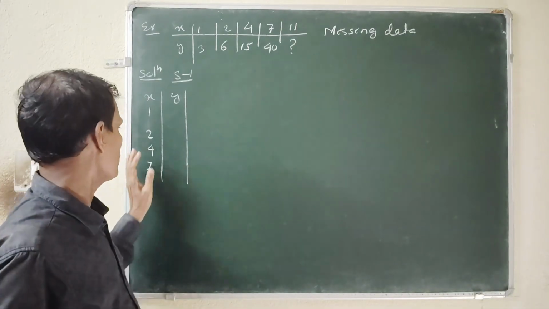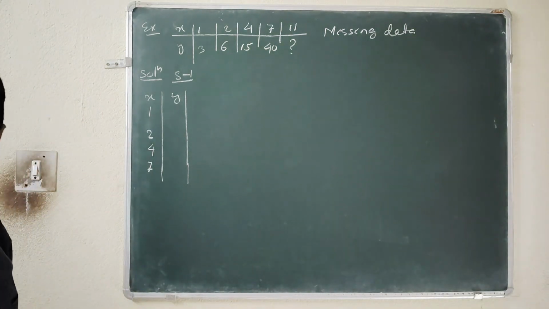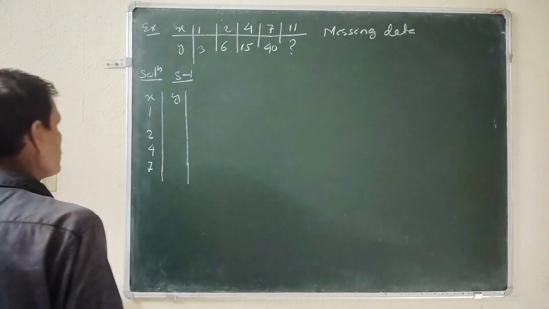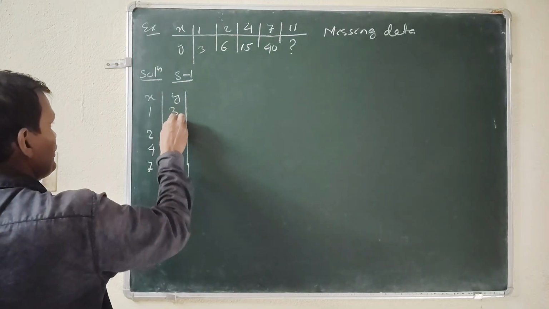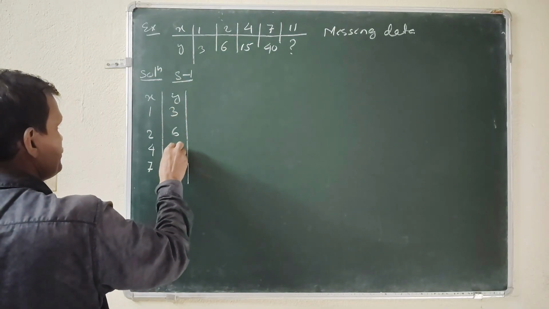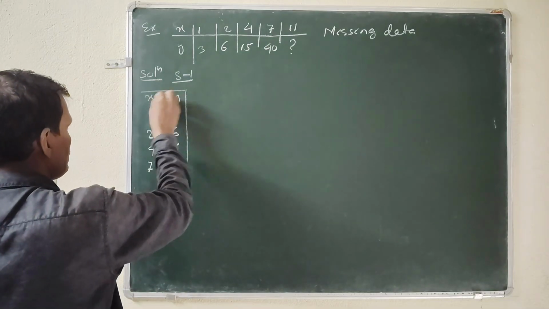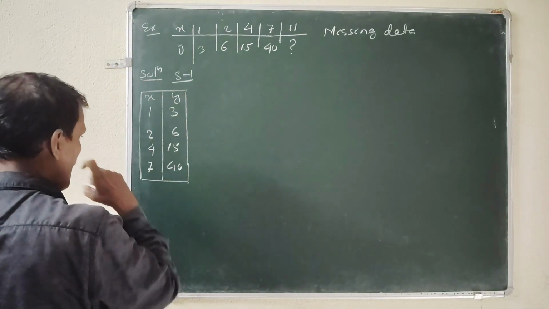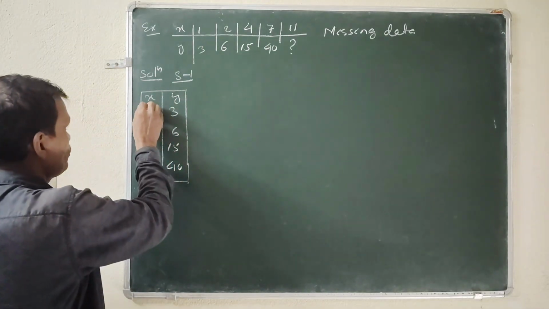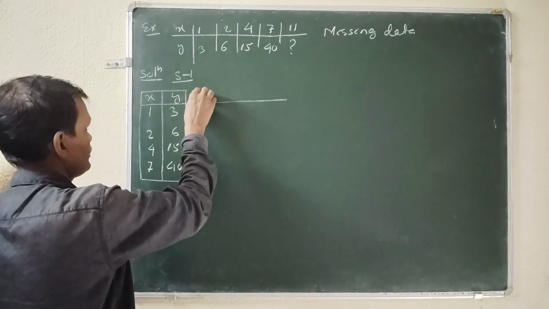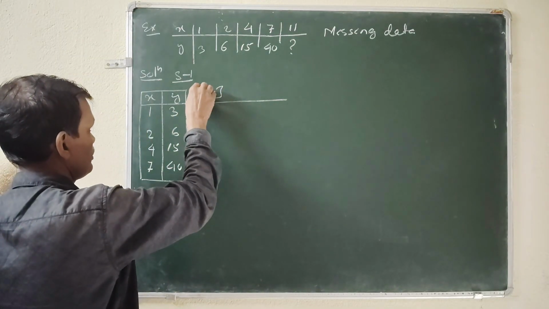Solution. We are considering only x as 1, 2, 4, 7, and corresponding to that the values are 3, 6, 15 and 40. This is the given data. From this given data, we will find the first order divided difference, that is x0, x1.